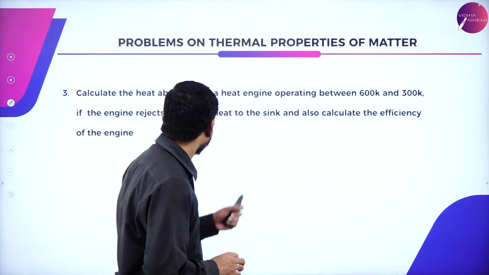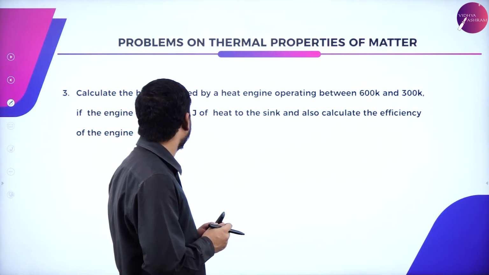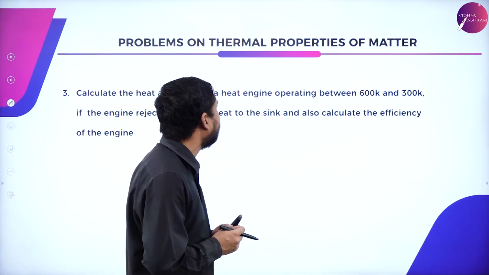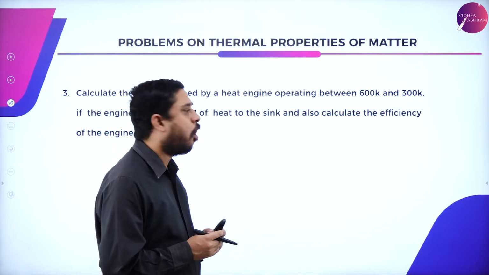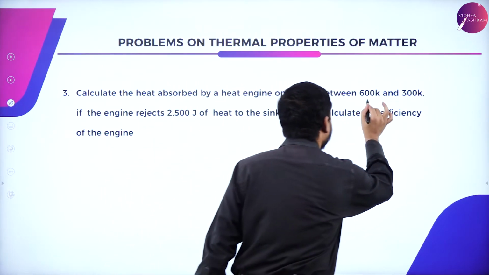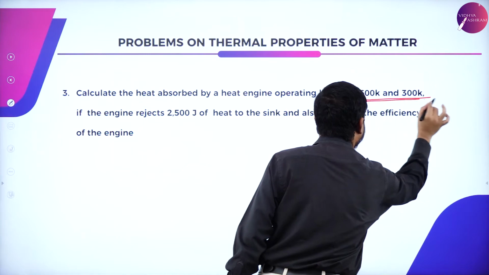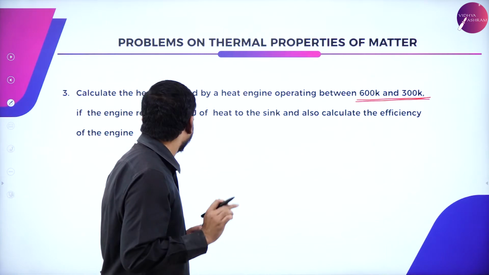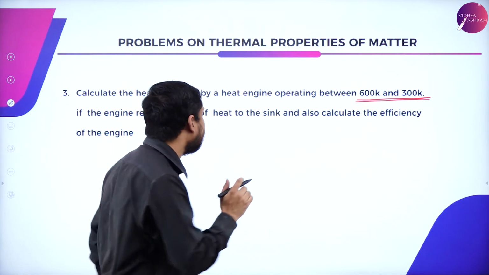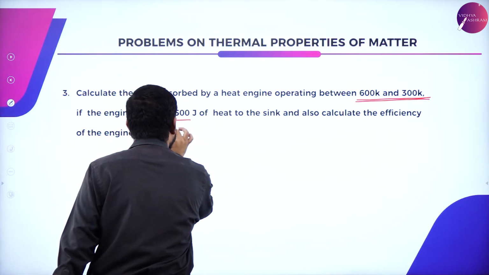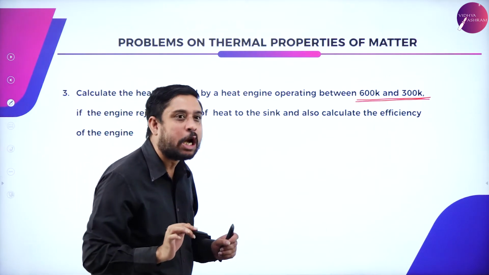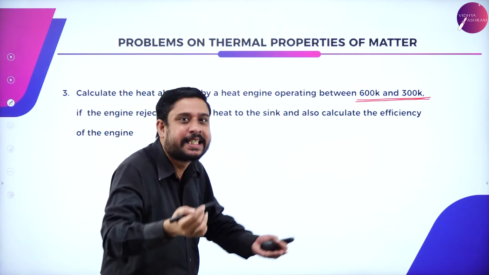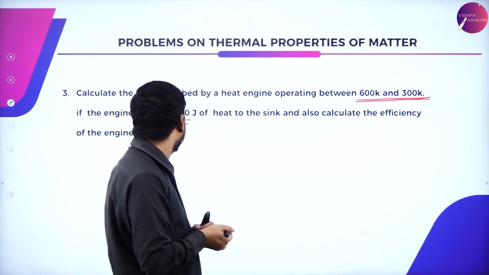Next one. Calculate the heat absorbed by a heat engine operating between 300 Kelvin and 600 Kelvin. If the engine rejects 2500 joules of heat to the sink, now it is rejecting, throwing out.